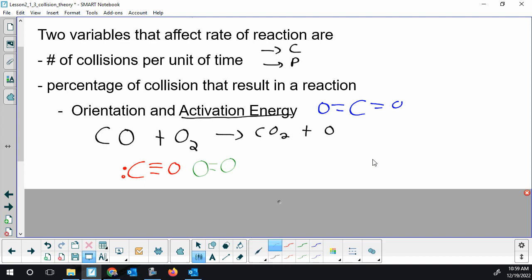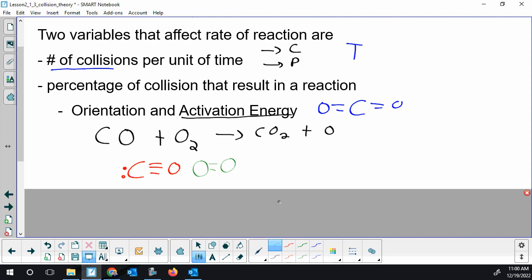Okay. The last factor I want to talk about on the bottom of this slide that can affect our rate of reaction, which kind of can tie into both, but certainly would tie into the number of collisions, is temperature. Molecules that are moving faster are going to collide more often than molecules moving more slowly.